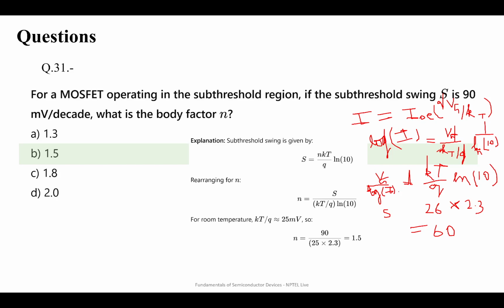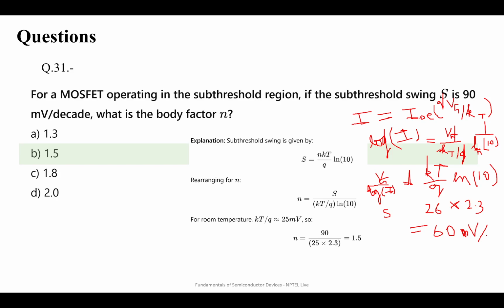This is log I, and it is in powers of 10. That is why we write it as 60 millivolt per decade. What does per decade mean? At every 60 millivolts, I will have one order of magnitude change in my current. If at 60 millivolts my current is say 1 nanoampere, at 120 millivolts my current would be 10 nanoamperes, and at 180 millivolts it would be 100 nanoamperes.